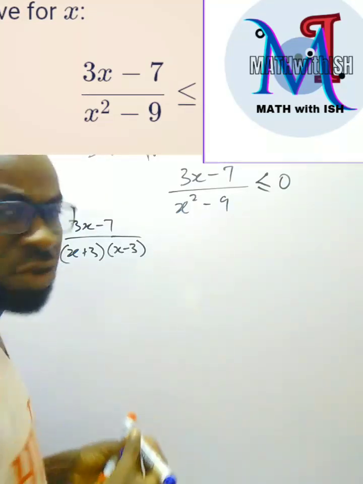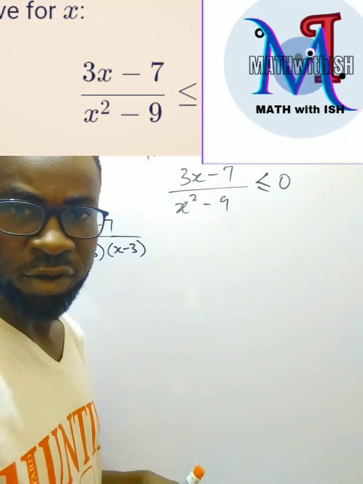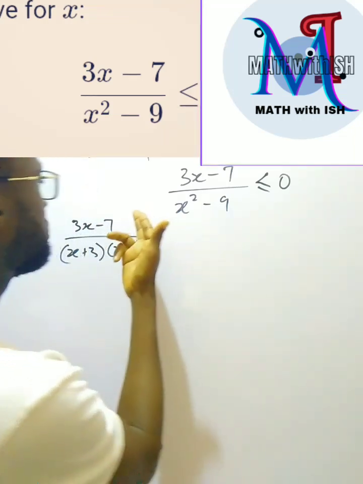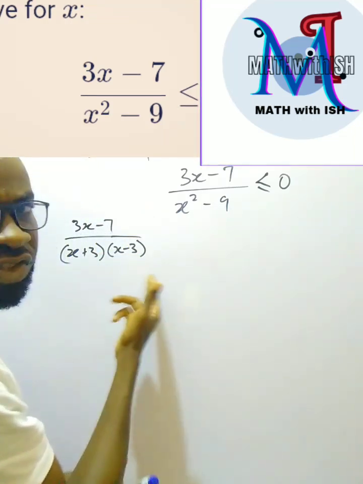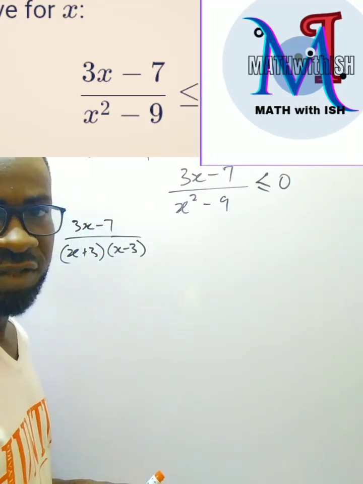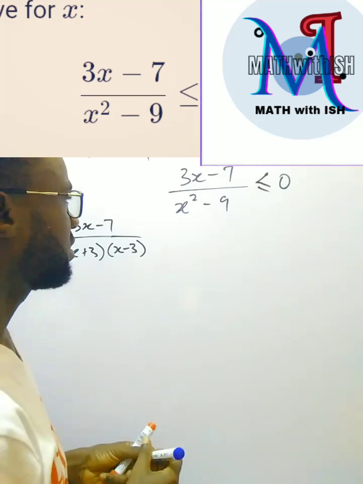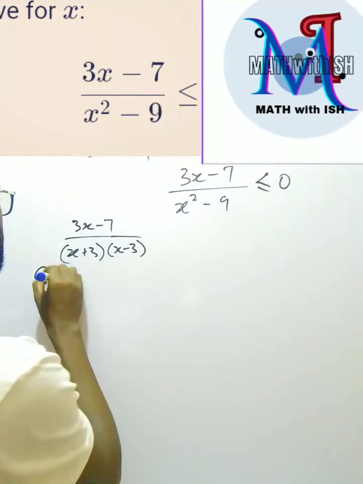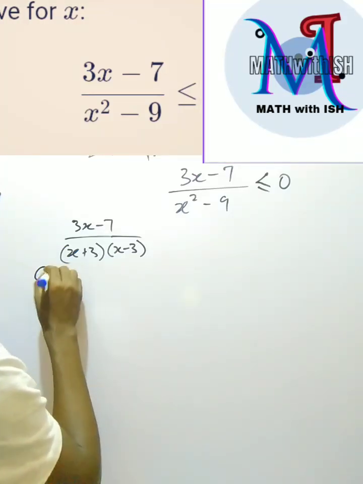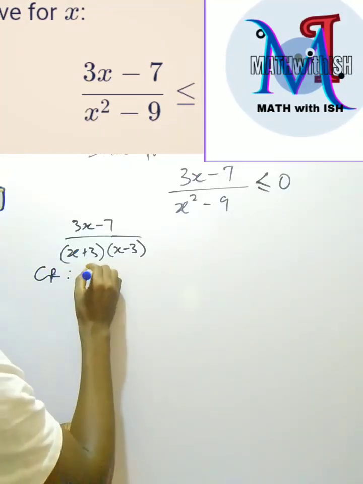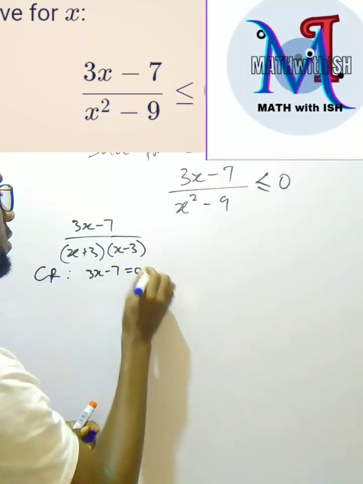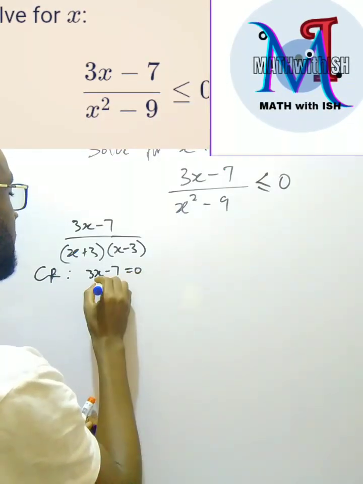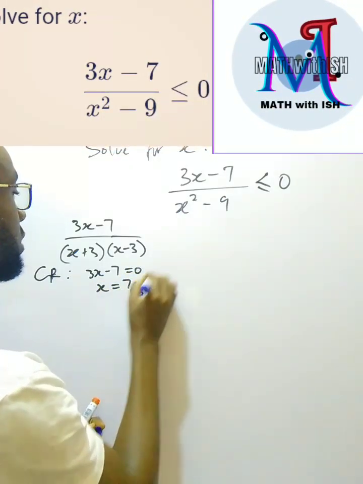The next thing we're going to do is to find the critical points. The critical point is just for you to equate both the numerator and the denominator with 0 and get the value of x. So our critical point, let me call it CR, will be 3x minus 7 equal to 0, and from here x is equal to 7 over 3.